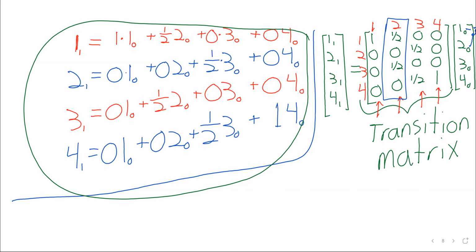So the probability that we wind up at 1 plus the probability that we wind up at 2 plus the probability that we wind up at 3 plus the probability that we wind up at 4 has to equal 1. And that's just a statement that that second column sums up to 1.